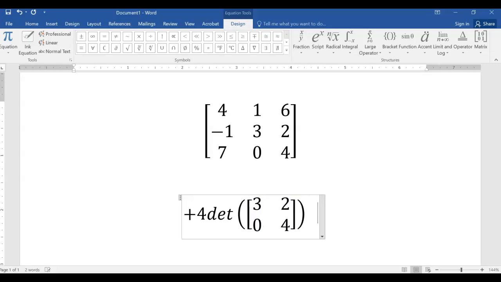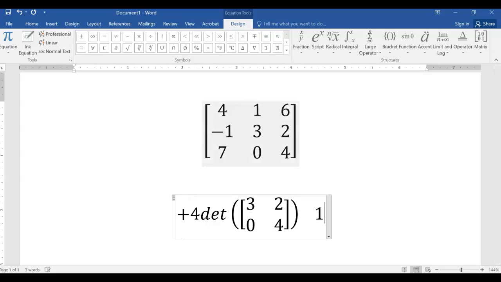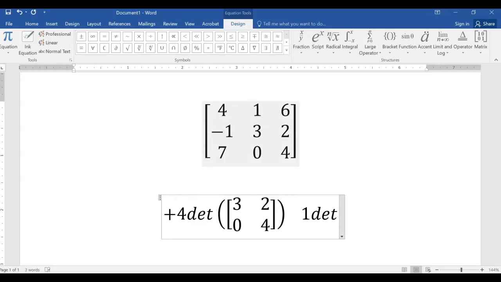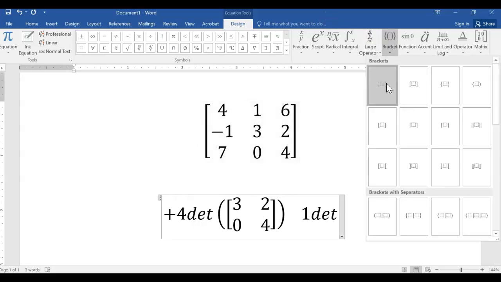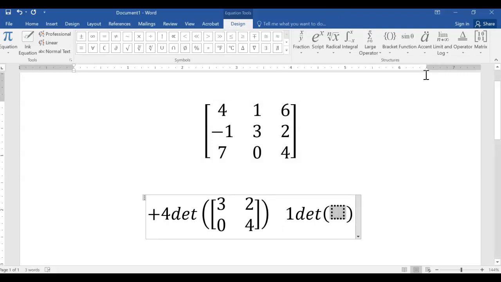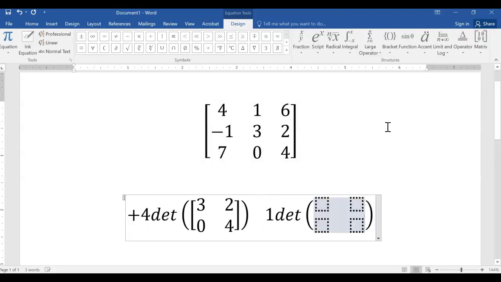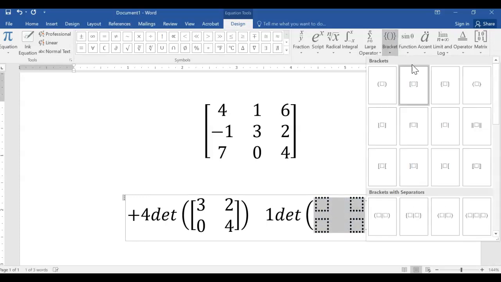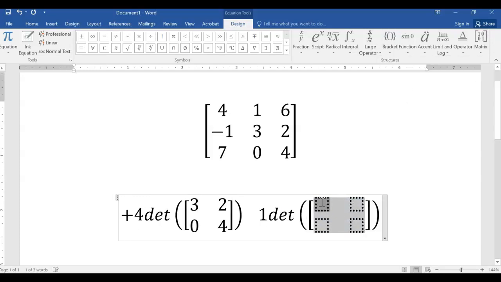Now the next one we have to deal with is this 1. So we're going to take 1 multiplied times the determinant of the submatrix. If we eliminate the row and column that 1 is in, I'm going to get negative 1, 2, 7, 4.